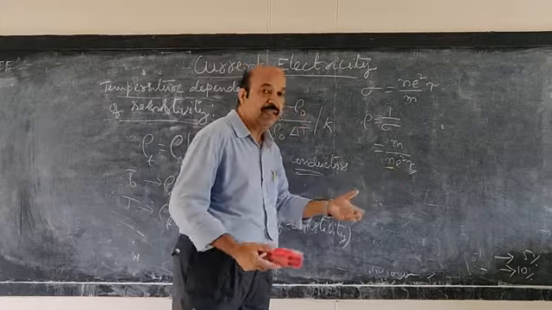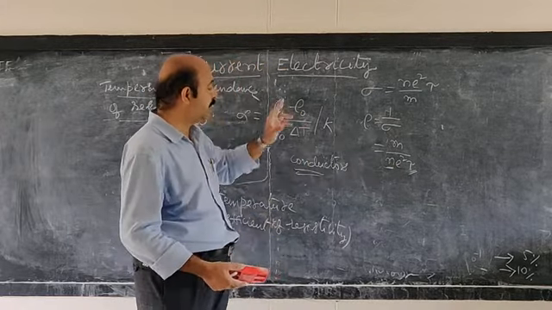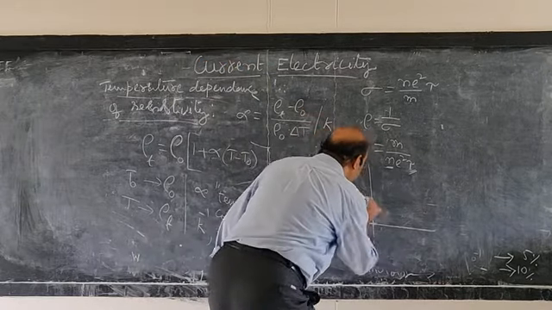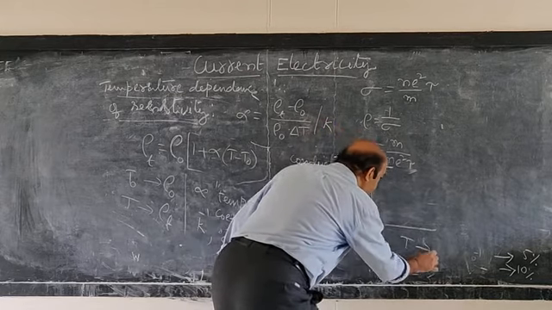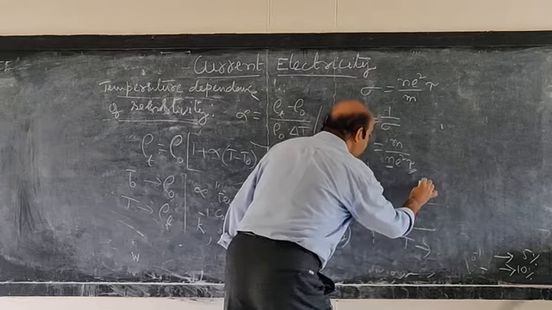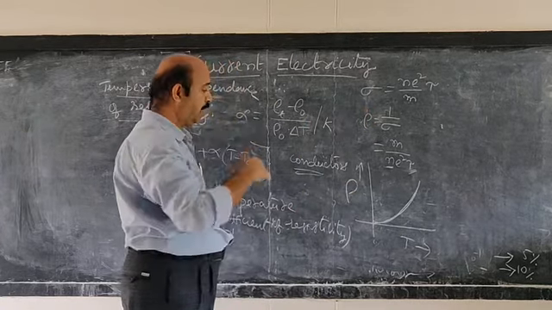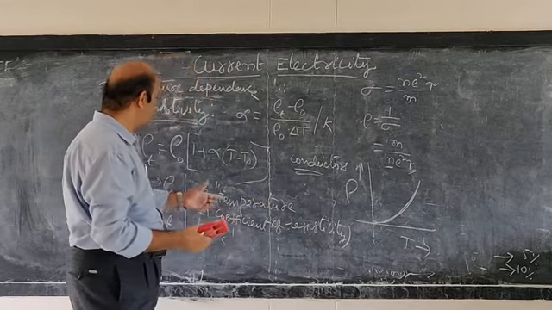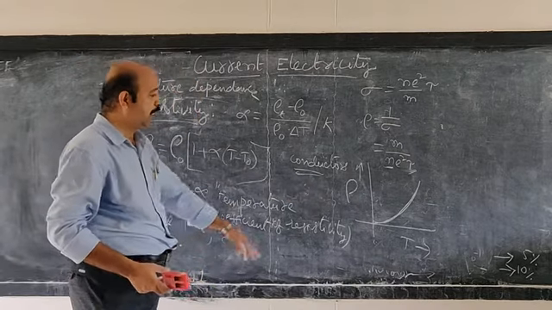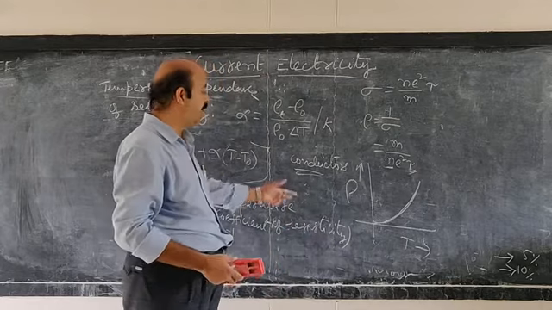Due to decrease in collision time, the resistivity value increases with increase in temperature for conductors. Therefore, the graph drawn between resistivity and temperature will be like this for conductors. Though it shows a linear relation, practically the resistivity value increases much with the temperature for conductors.